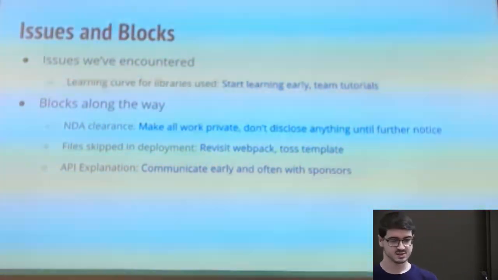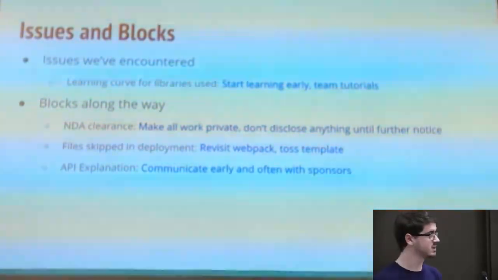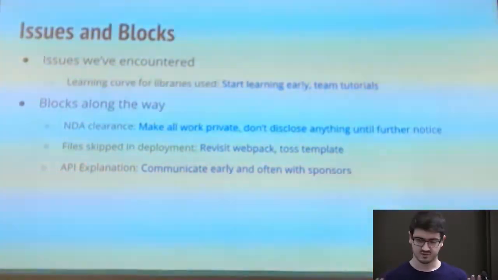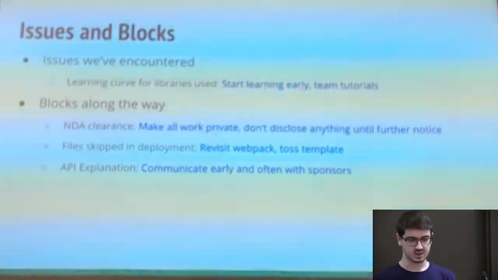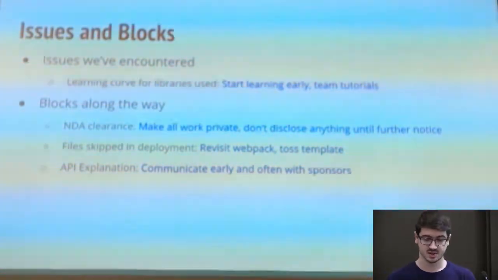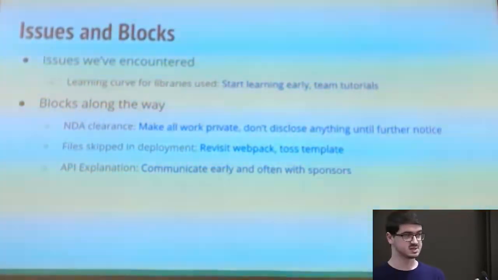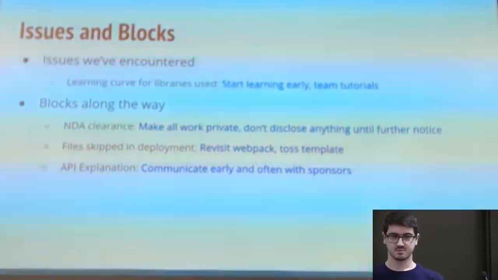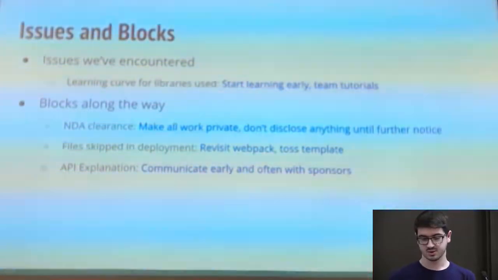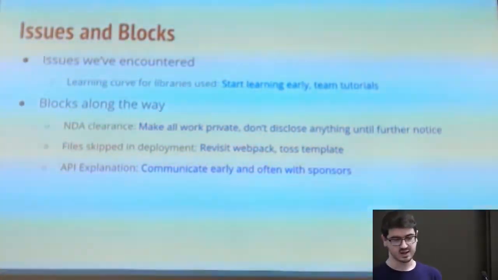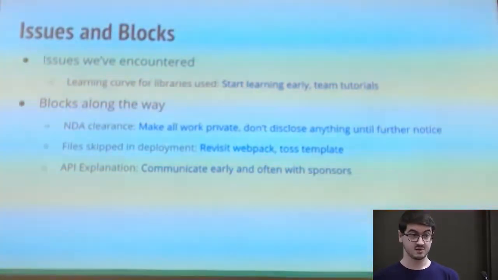For the NDA clearance, we basically acted like we had an NDA anyway, even though it wasn't officially back and forth. For the files, originally we took a look at Webpack and tried to adjust configuration files, but that wasn't working out, so we ended up tossing the code template we started with and just did a React CLI project instead.